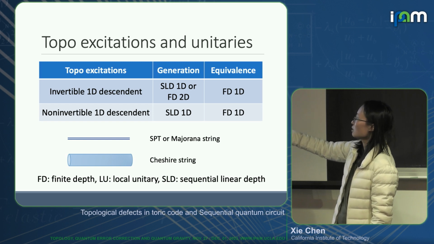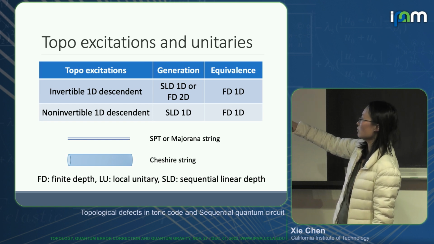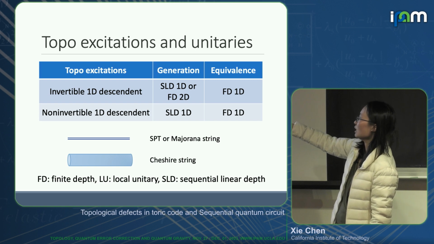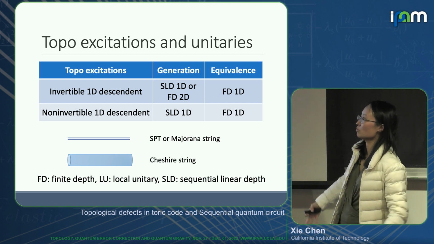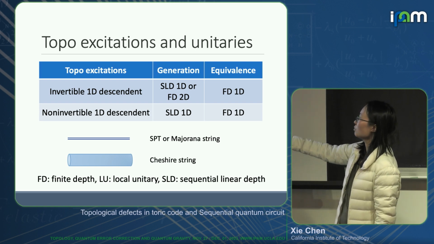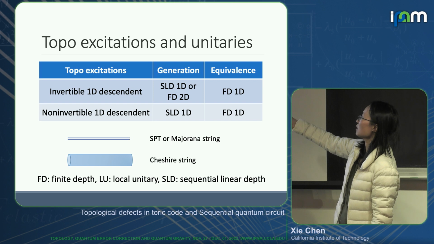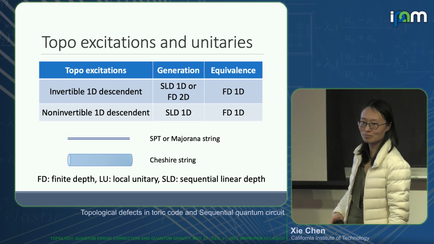Those kinds of defects, if you try to generate them in 1D, it has to be a sequential circuit as well, but it can also be generated just with a finite depth 2D circuit. And their equivalence class is also given by finite depth 1D circuit.